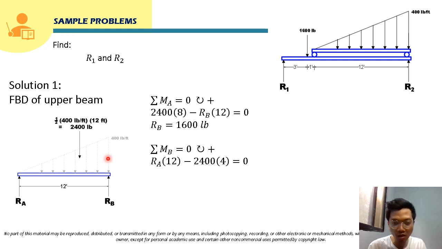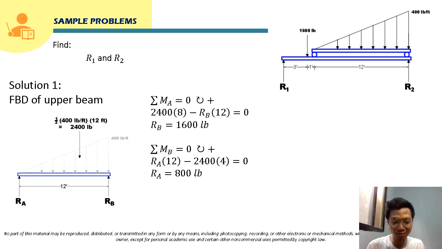So its moment arm will be 4, and its rotation about point B will be counterclockwise. That's why it will be negative here, and we will equate this to 0. Solving for RA, we just transpose 2,400 times 4 to the other side. So that will be 2,400 times 4 divided by 12, which gives you 800 pounds. This will now be the RA.